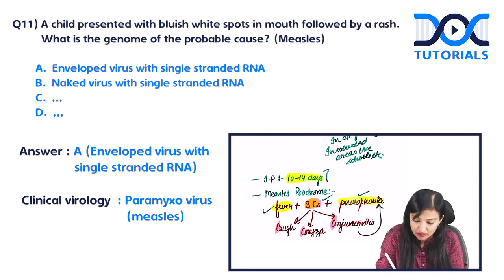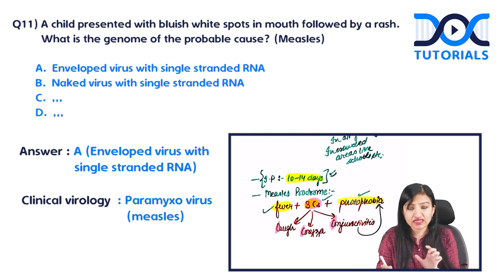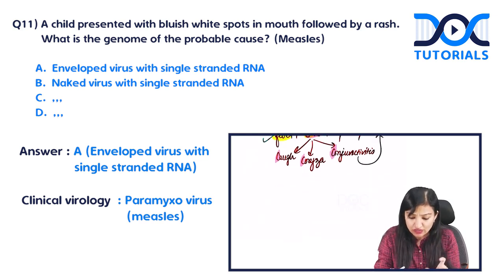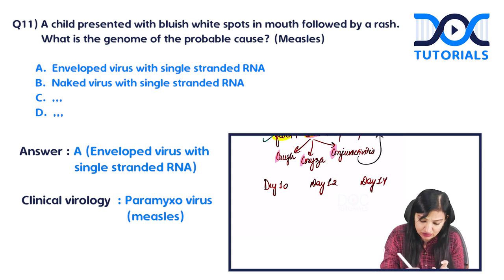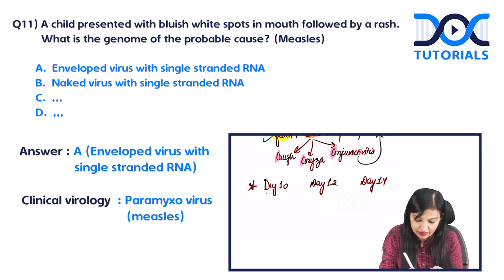We defined the incubation period as 10 to 14 days in case of measles. So just remember, day 10, day 12 and day 14.